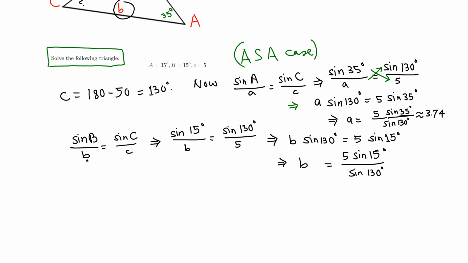So the second ratio equals third ratio, and sine 15 over b equals sine 130 over 5, and we are trying to find b. Cross multiply, so we get this. Divide both sides by sine 130, we get 5 sine 15 divided by sine 130, and using our calculator we'll get 1.69.